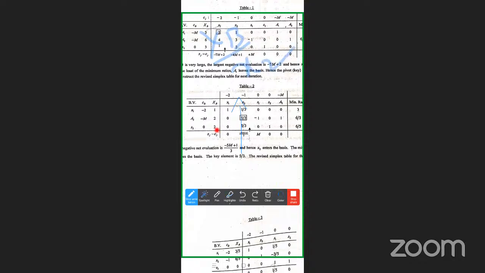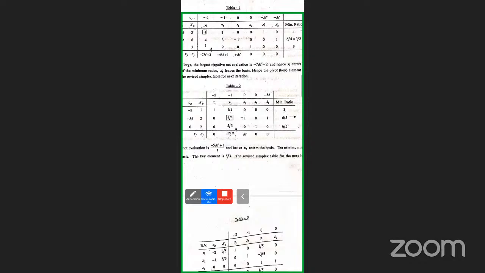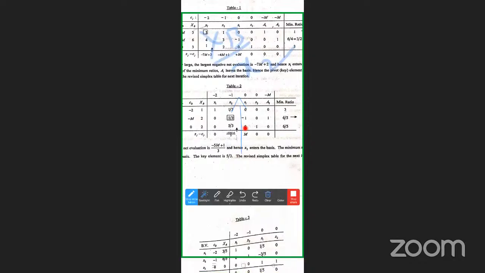Here 2 divided by 5 by 3, 6 by 5. Here also, 2 divided by 5 by 3, 6 by 5. So here is the minimum ratio. The first one is the highest value, 3. The remaining are 6 by 5, 6 by 5, so that is 1 point something.